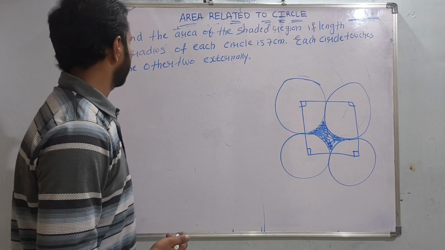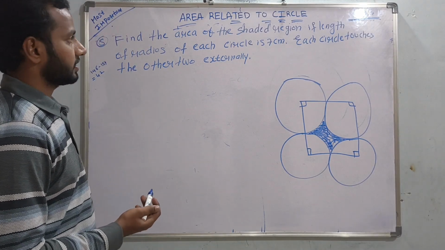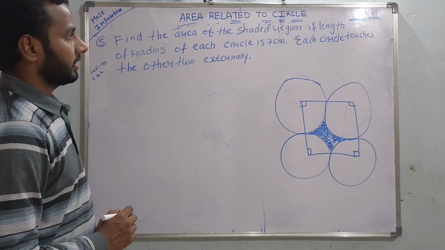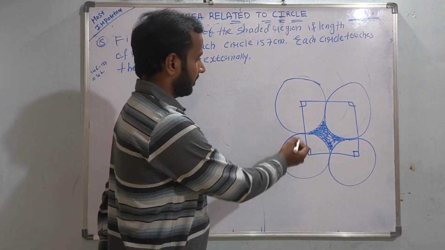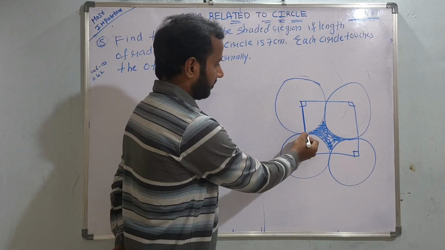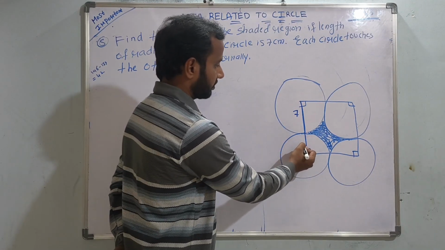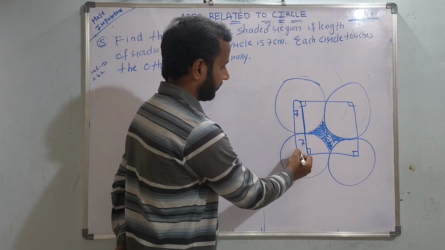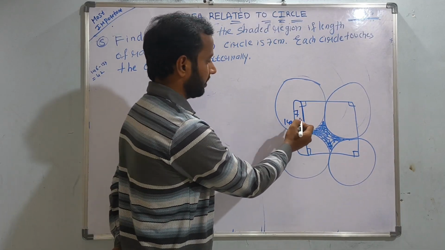Next question is, find the area of the shaded region if the length of the radius of each circle is 7 cm. Each circle touches the other two externally. Then the radius length they have given is 7 cm. From here to here will also be 7. And the total length of one side of the square will be 14 cm.